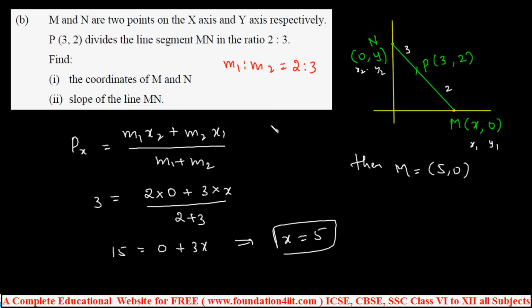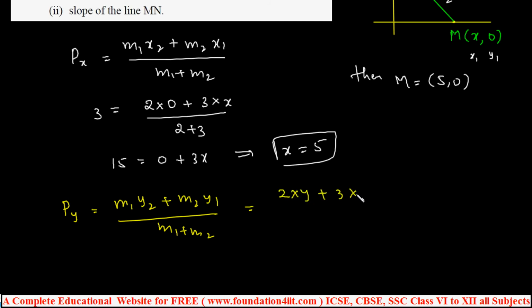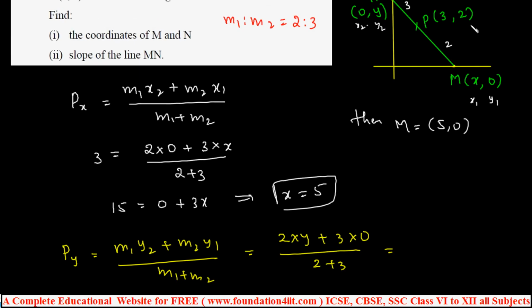Same we can apply for Py. So that is the same formula, m1 y2 plus m2 y1 by m1 plus m2. Substitute here. That is same: 2 into y plus 3 into 0 by 2 plus 3. But that value of Py here is 3, 2.